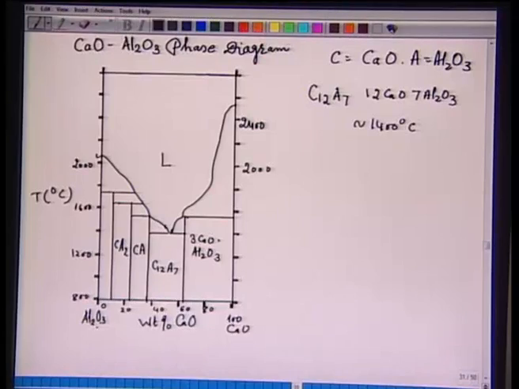So, if we do a calcium treatment, a composition is reached where the melting point becomes minimum, and this composition is 12CaO·7Al2O3. There are other compositions, for example CaO·Al2O3 and CaO·2Al2O3, all with melting points higher than 12CaO·7Al2O3.